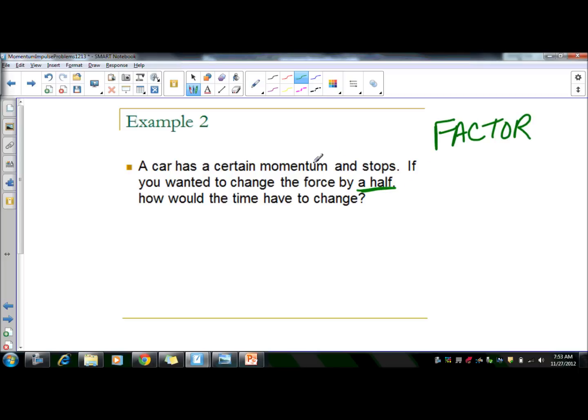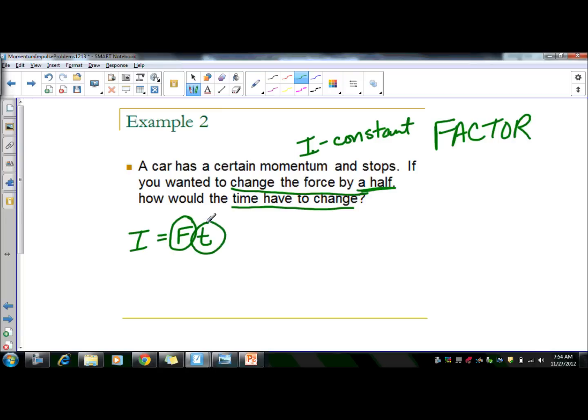So another example, this is kind of a factor problem because you see changes by a half. So this does not have any units, so this is a factor problem. So a car has a certain momentum and stops. So we're looking at a starting momentum and an ending momentum of 0 that are not changing. So our impulse is constant. If we wanted to change the force by a half, how would the time have to change? So if we start with our equation here, I equals Ft, we're changing the force and we're changing the time.